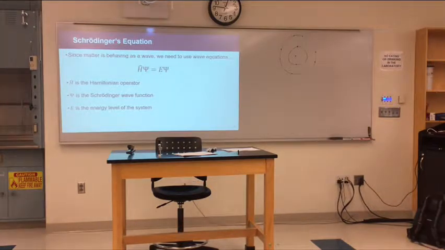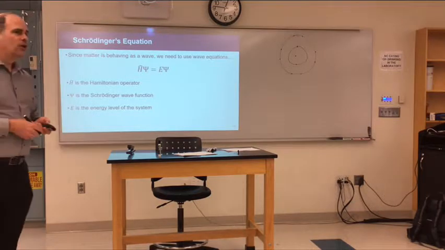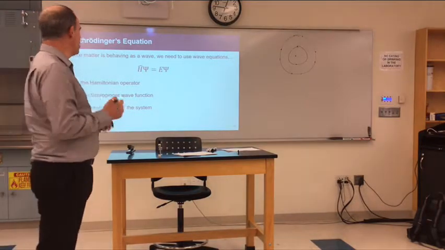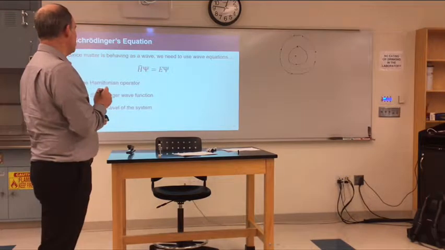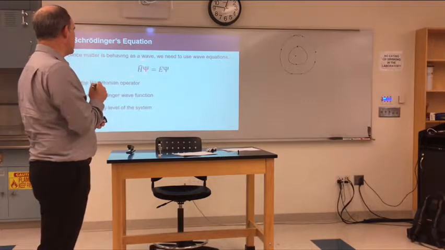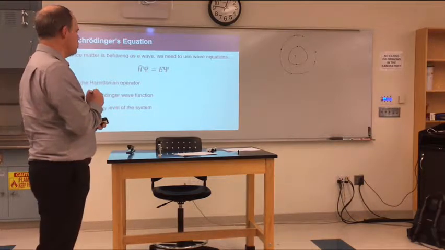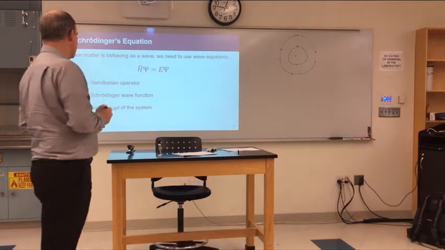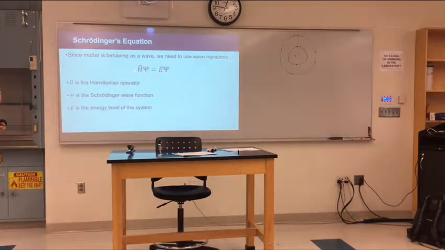So, because matter is behaving as a wave, we need to have some sort of an equation. The Schrodinger equation looks like this, and we will be explaining what all these various terms mean in the coming slides. H is called the Hamiltonian. In classical physics, there's a way to calculate energy using this.